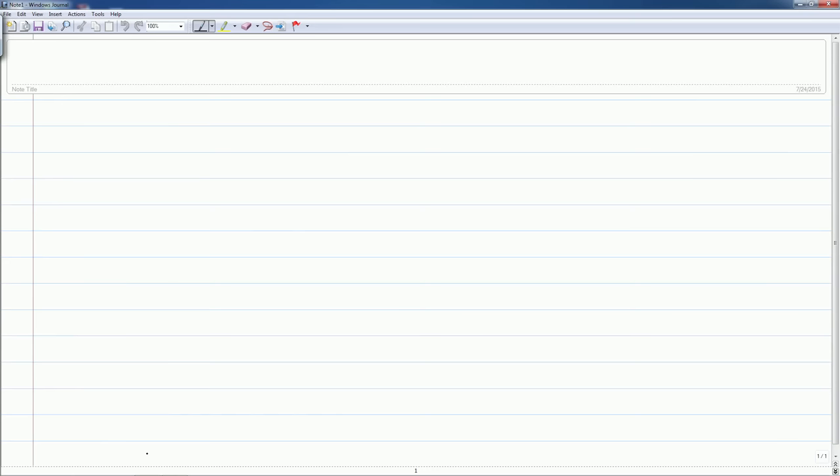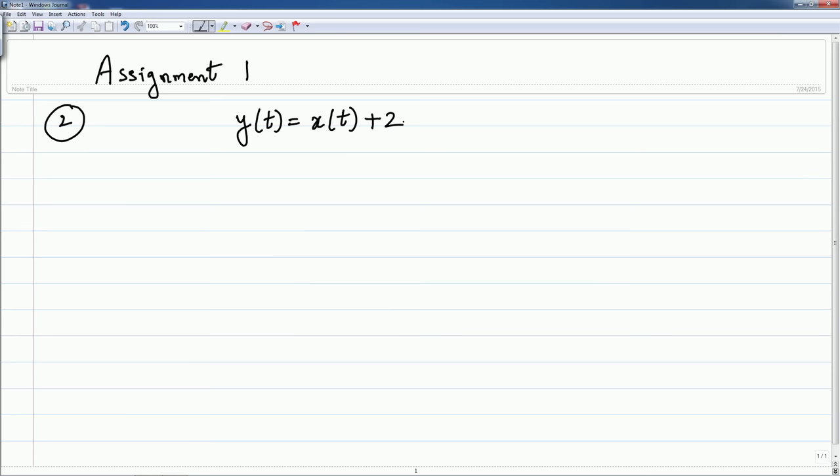Okay, so let's look at this question number 2 in assignment 1. You have a system which is described by the input-output relationship y of t equals x of t plus 2.